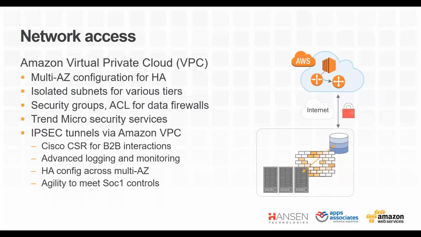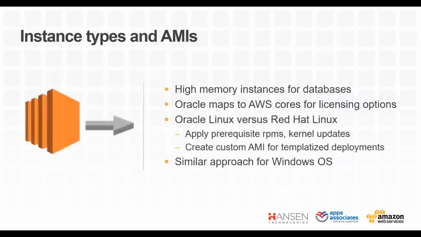So I'll talk for just a minute about the instance types and the approach we took to standing up our AMIs. As I mentioned before, we're an Oracle organization that has a complex application stack. So we needed to ensure that however we deployed our instances, they were sized appropriately and repeatable.